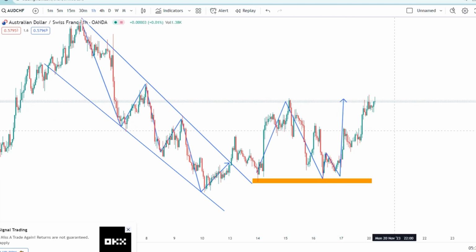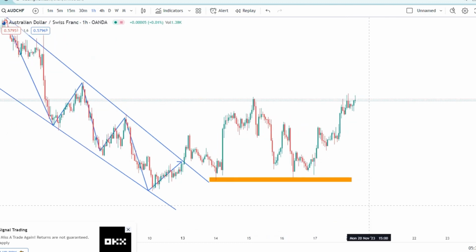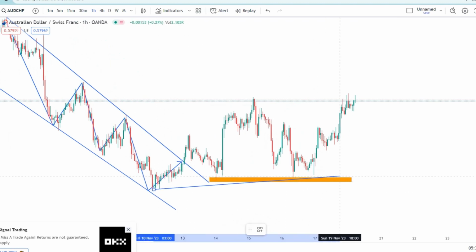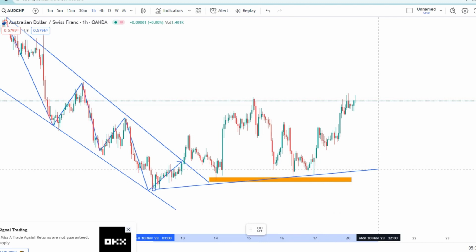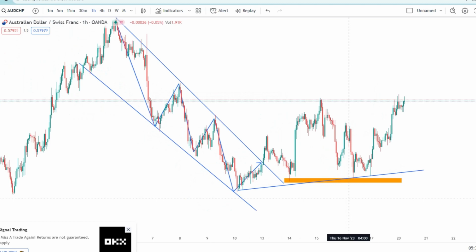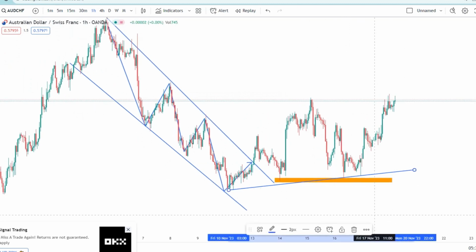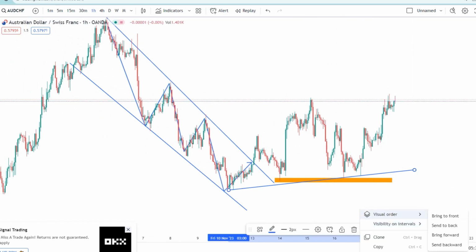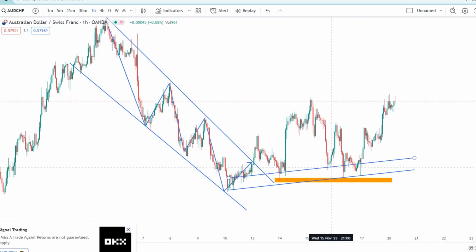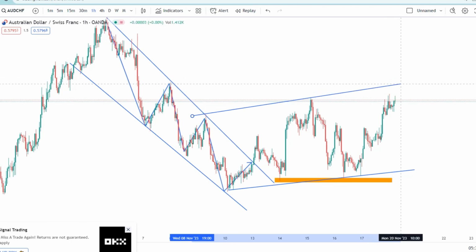So also, you can see that we have a trend line as well. As you can see, we had a trend line, and over here we have some resistance, something like this.